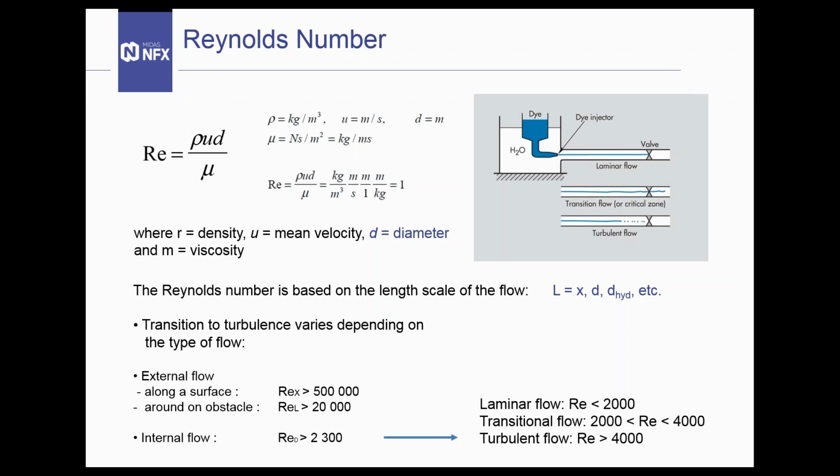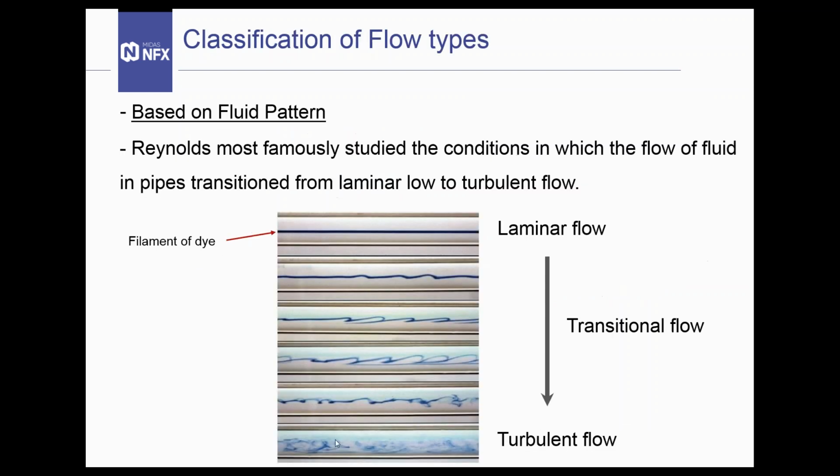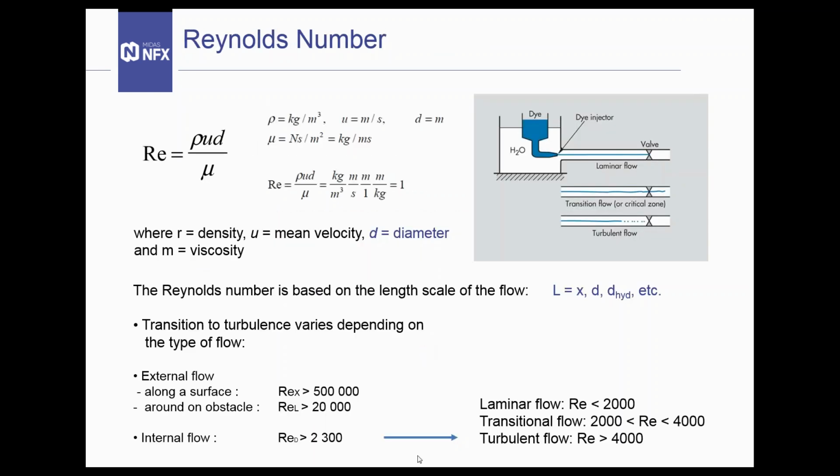And this dye, as we saw, I can go back to the previous slide, mixes slightly in this situation. And finally, the turbulent flow occurs when this number is more than 4000.